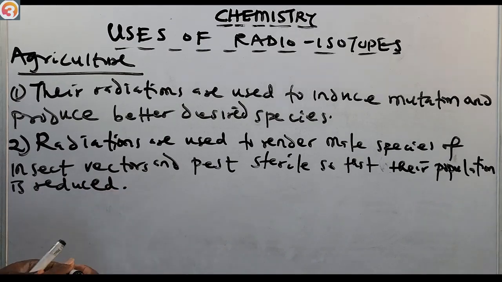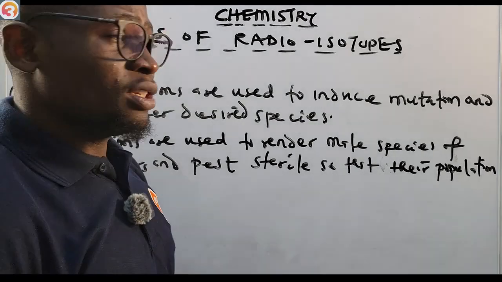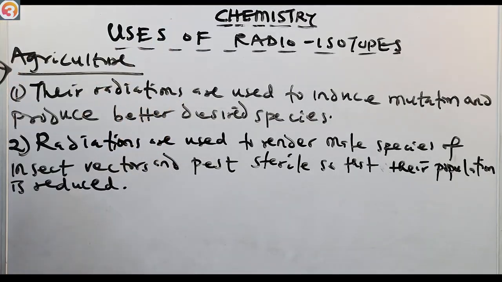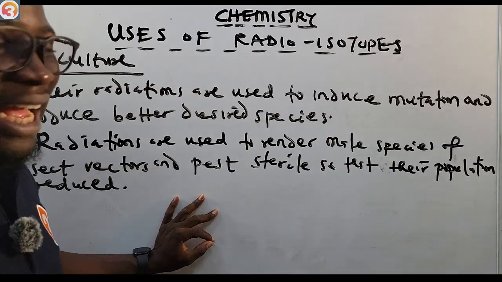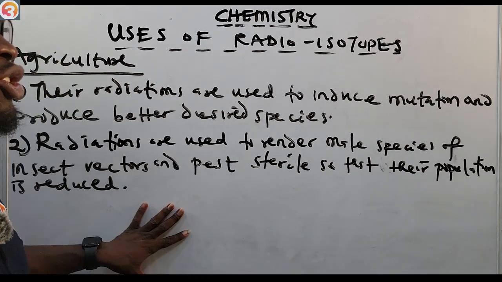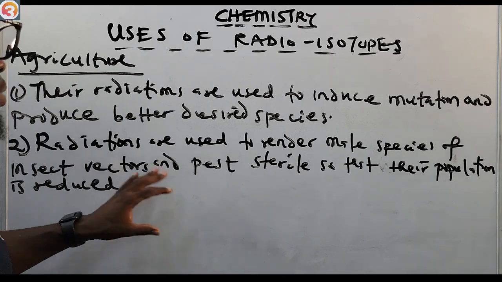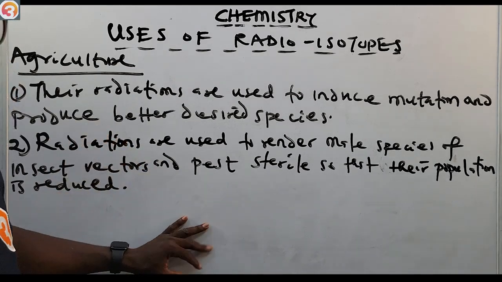You know that what hampers the productivity of plants is pests and insect vectors. They can destroy plants. So what to do is to use radiation to render the male species sterile.